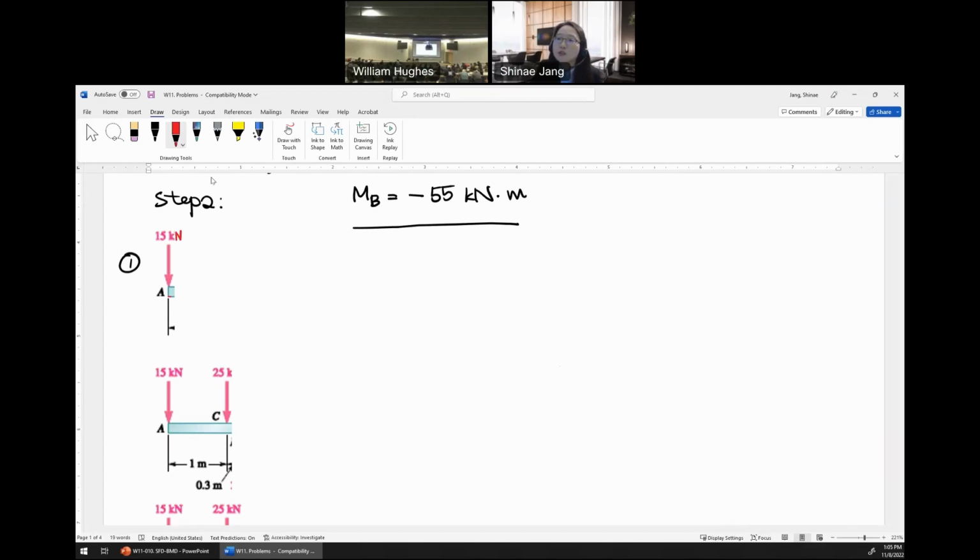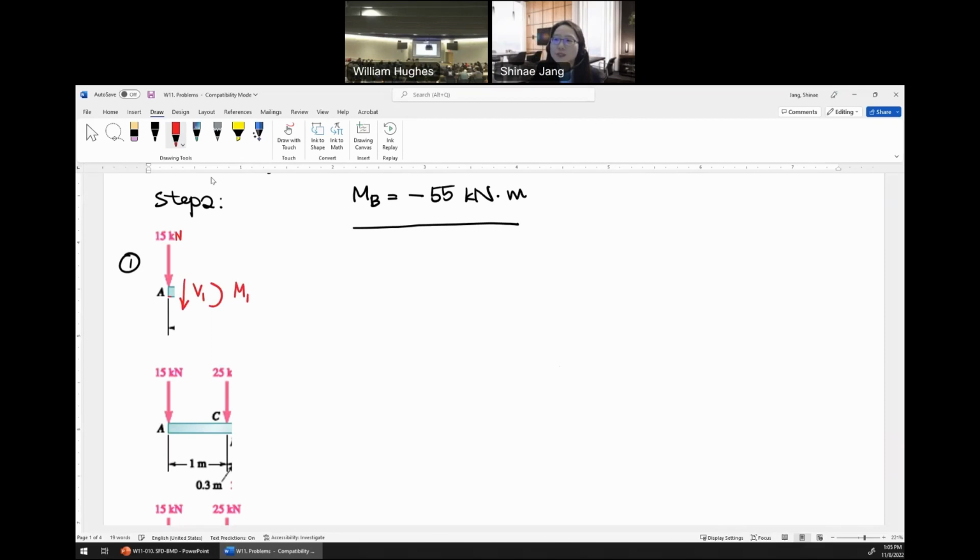Okay, then shear force, which one is positive, upward or downward, based on sign convention? Downward, thank you. Downward is correct. And then what about moment?